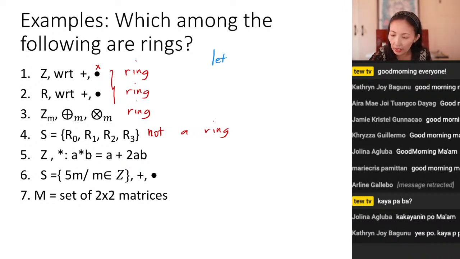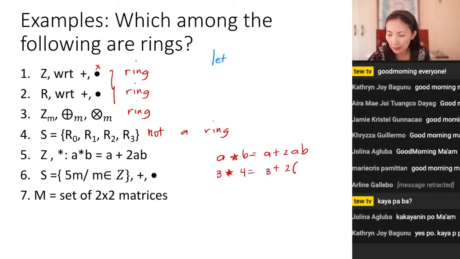A star B is defined as A plus twice AB. So, kung meron kang 3 star 4, what will that be? A, the first number, plus 2 times the first number and the second number. That is equal to 3 plus 24, which is 27.